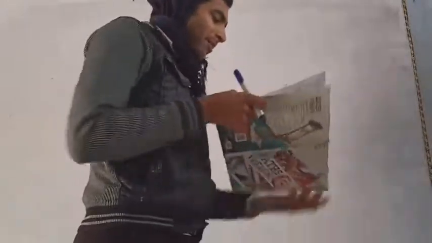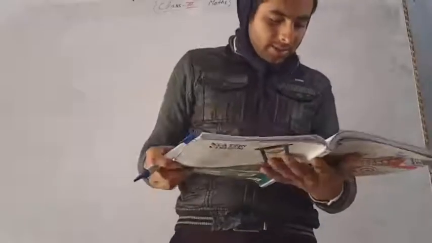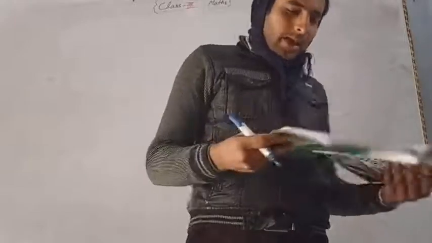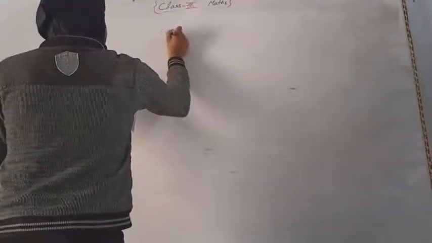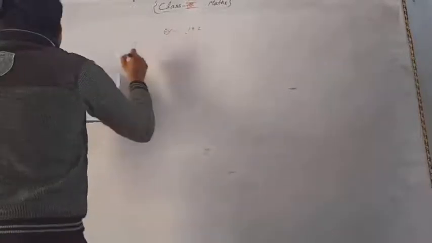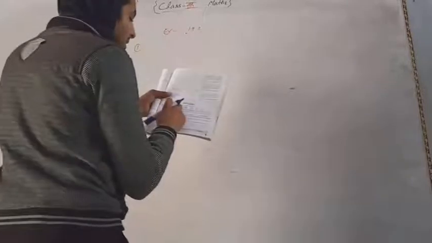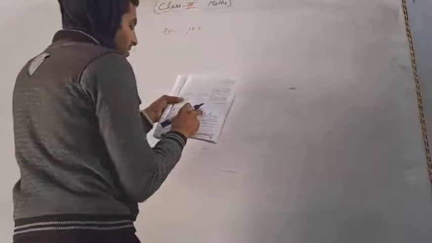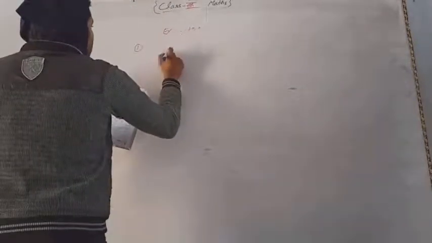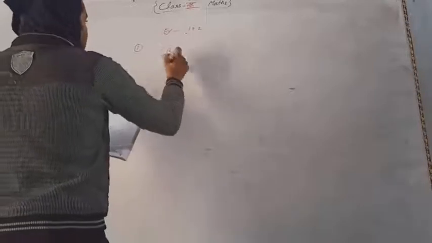Here some solved examples are given that you have to also solve. And in exercise 14.2, problem number 1: which of the following letters have rotational symmetry? Here B first, in this also rotational symmetry.